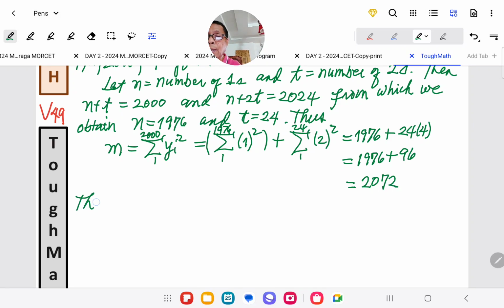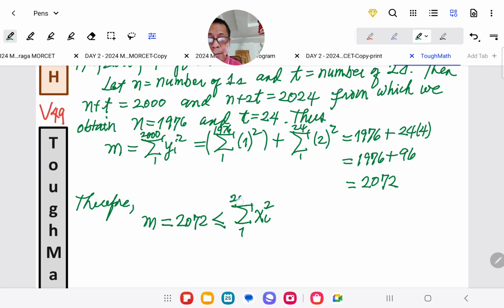Therefore, we have m is equal to 2,072, which is less than the sum of squares of the original data set.